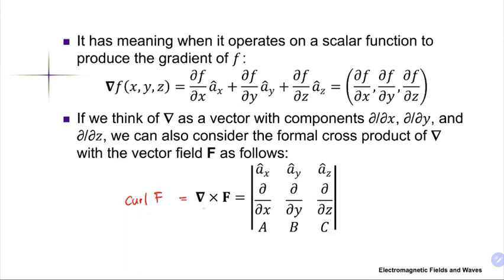We know that cross products can be written as determinants. The first row of the determinant is the unit vectors: unit vector X, unit vector Y, and unit vector Z. Remember our del operator is del over del X in the X direction, plus del over del Y in the Y direction.